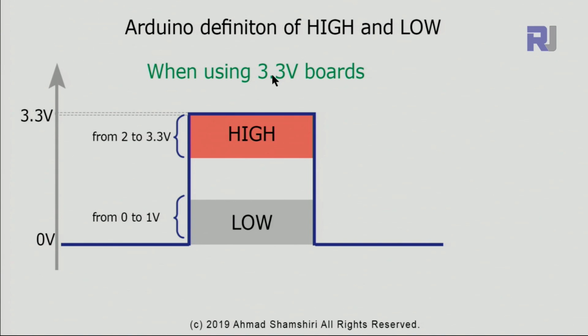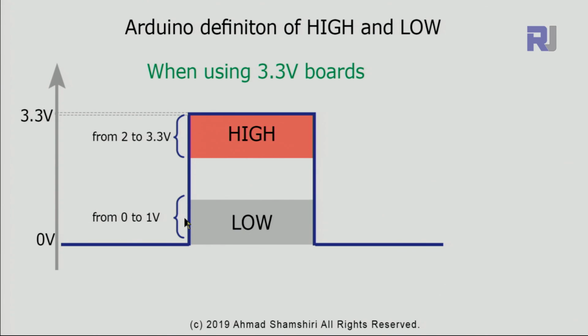If you're using 3.3 volts, which is another industry standard voltage with the majority of microcontrollers and CPUs, then the voltage between 2 to 3.3 is considered high, and from 0 to 1 volt is considered low.